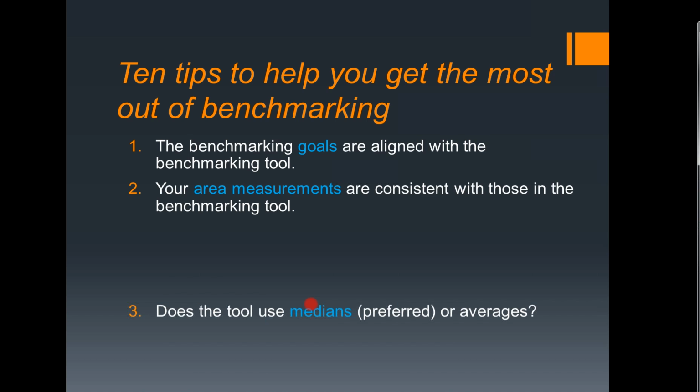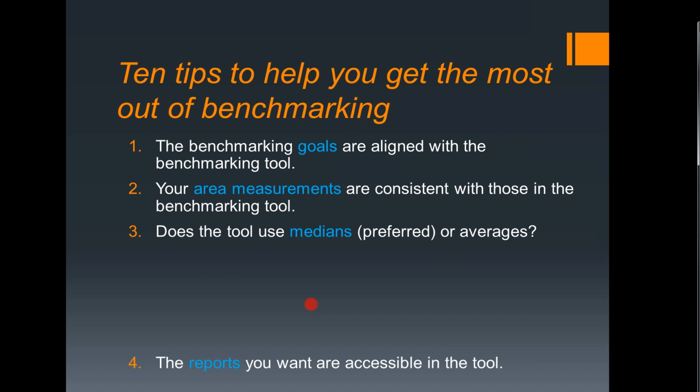You have to make sure that the other people who input their area numbers into the tool are using the same area measurements that you are, because different area standards can be as much as 15% or more off from one another, and that can throw way out of whack all the results of the benchmarking exercise.